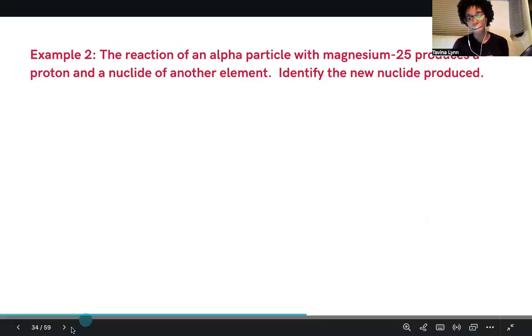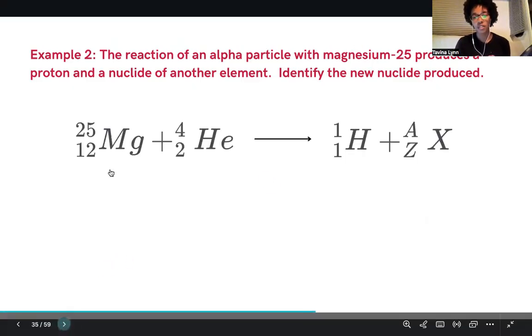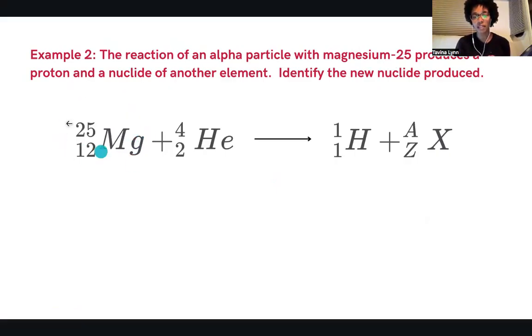Okay, so here is our reaction. We've got magnesium 25. This is our nuclide, right? Our notation for it. It reacts with an alpha particle. This is our alpha particle. And they tell us it forms a proton and a nuclide of another element, which is unknown. And they're saying, what is that unknown? So this is what we are solving for.